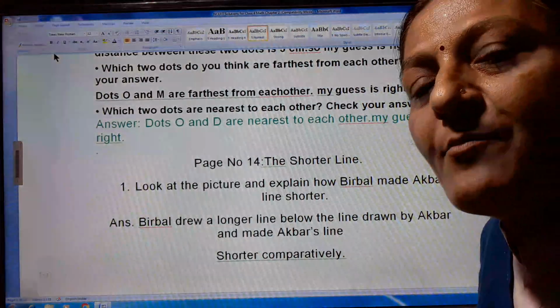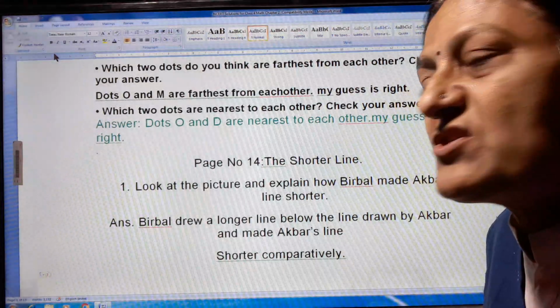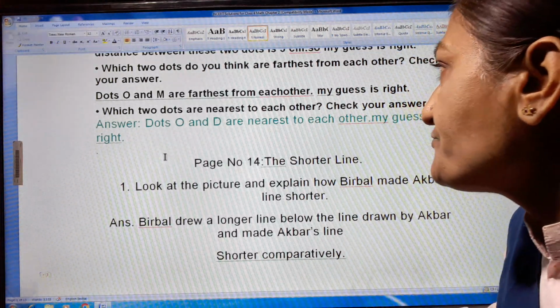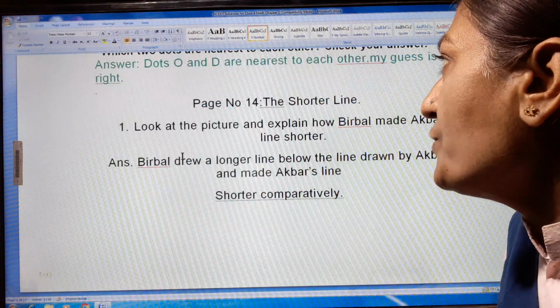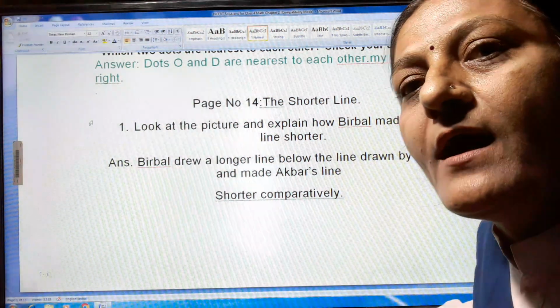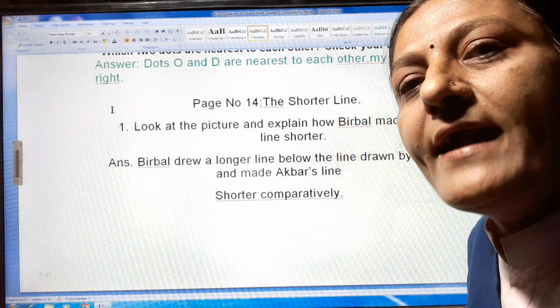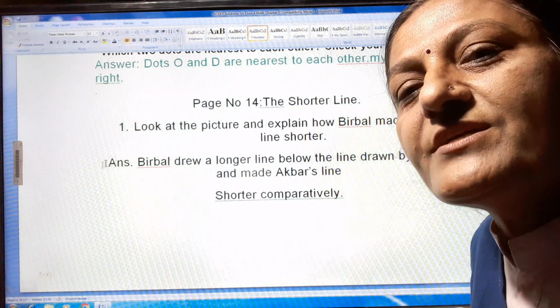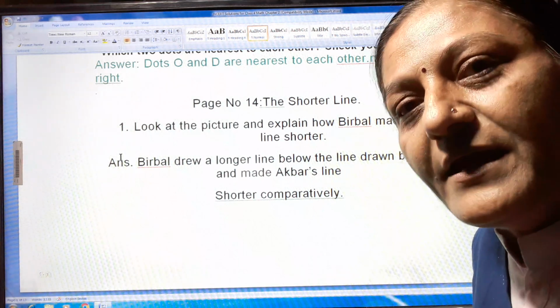Now page number 14. On page number 13, 3 questions were there and these 3 questions are over. Now page number 14. When I explained the lesson, I showed you one king, Akbar, and in Akbar's kingdom one minister is there and his name is Birbal.